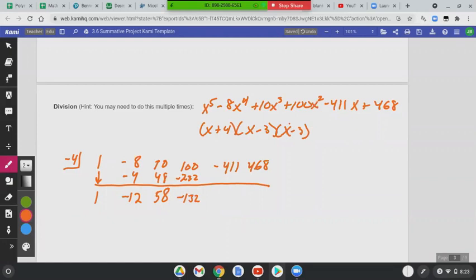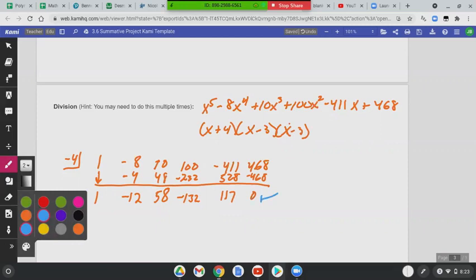We multiply. We add, or in this case, we subtract 411. And then we multiply that by -4. And we get -468. We add, we get 0. Okay? So that's key. We need to get 0 at the end. If we don't, that means it's not a factor. More than likely, we did some arithmetic wrong. So just be aware of that.